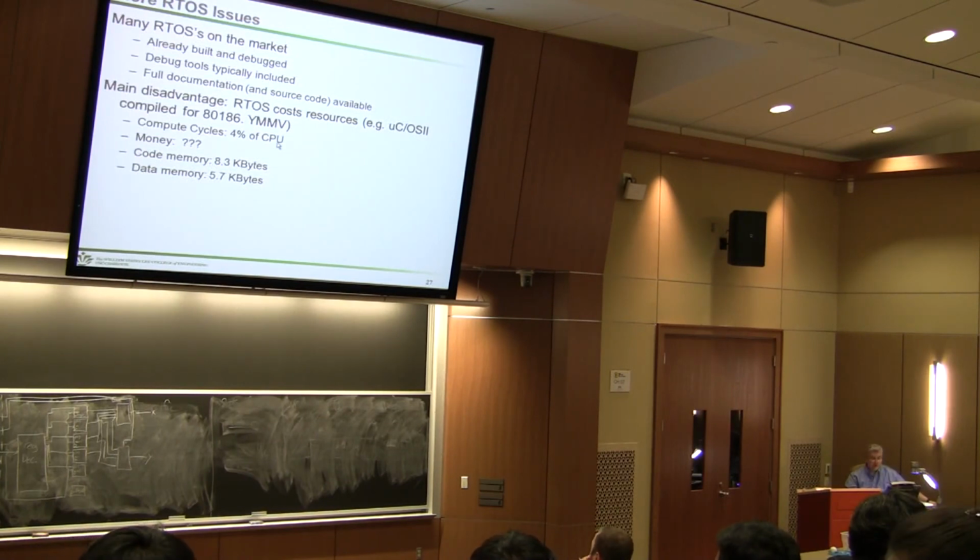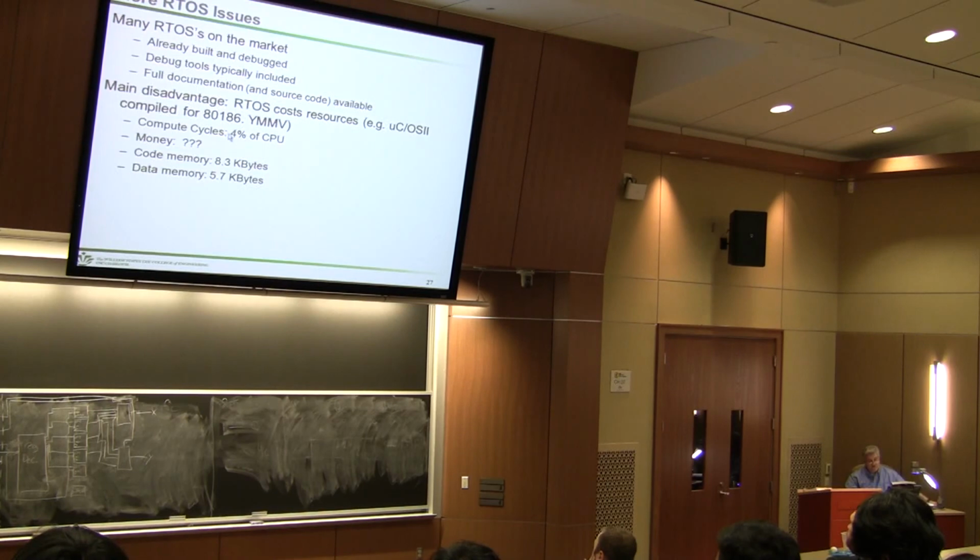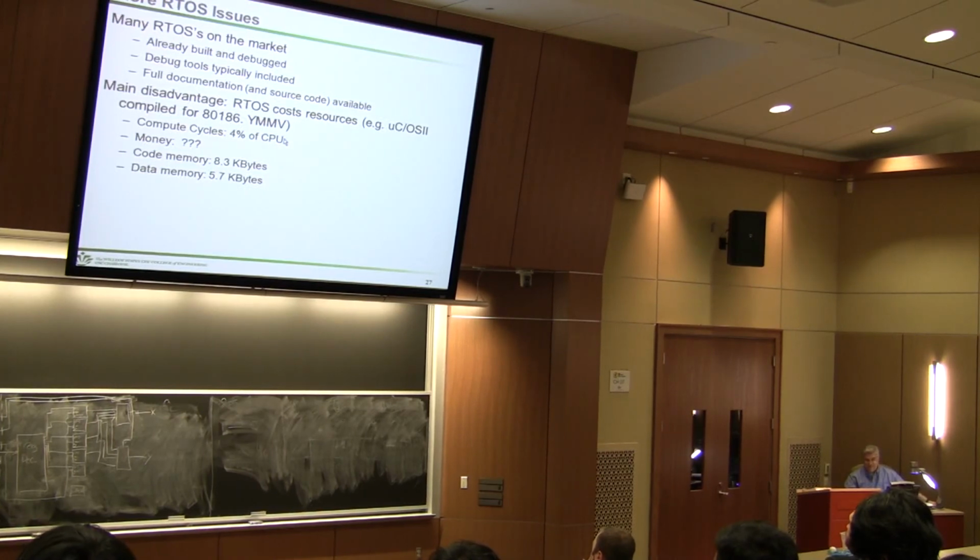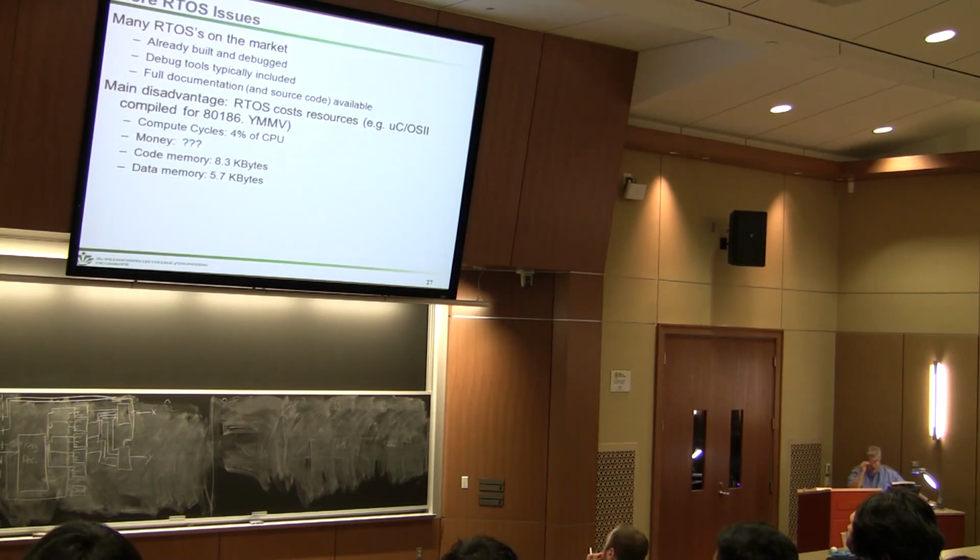So the scheduler is taking 4% in this free RTOS system. Is that a lot of time to ensure fairness and to share resources? Actually, it's not all that much time. And look at this, it's only 8.3 kilobytes and 5.7 kilobytes of data memory and code. So, in essence, this RTOS is a pretty good idea.